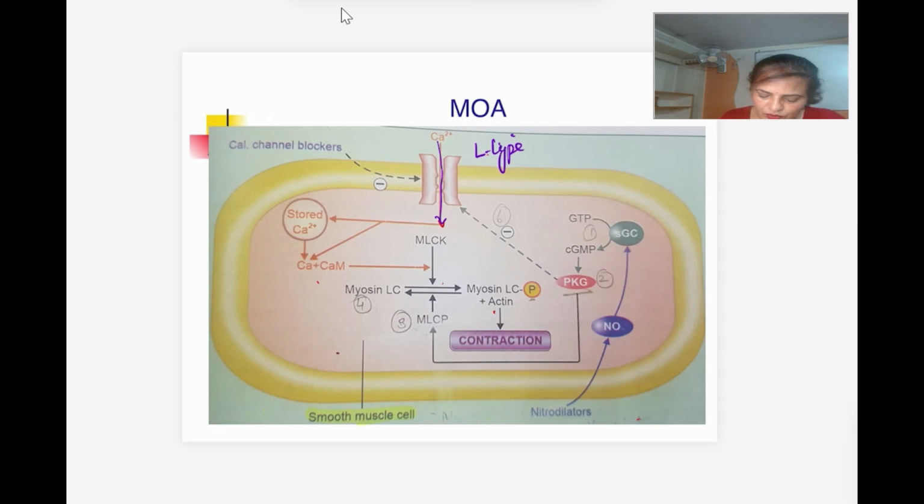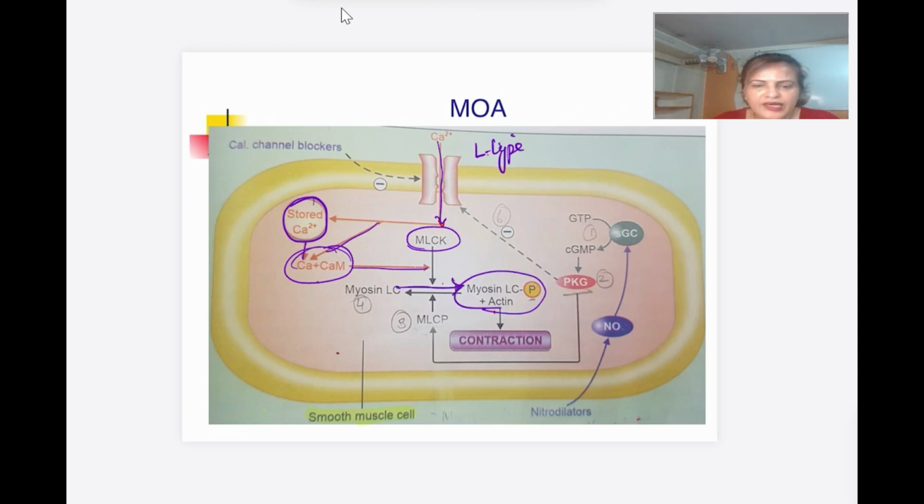Once it enters, it causes the release of more calcium which is stored over here. Now this calcium plus this calcium are going to cause the phosphorylation of the myosin light chain kinase. If this gets phosphorylated, then the phosphorylated myosin light chain binds the actin filament and there will be contraction.